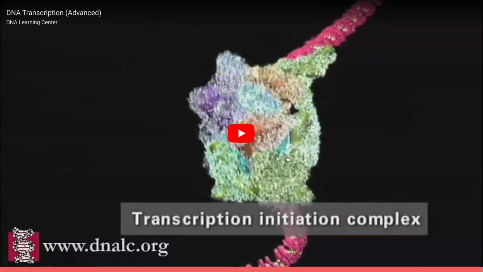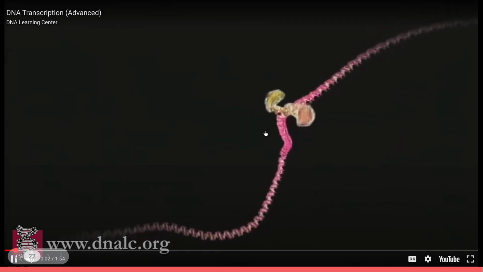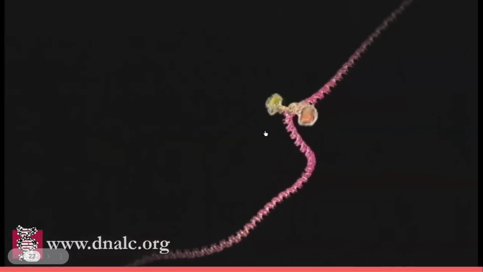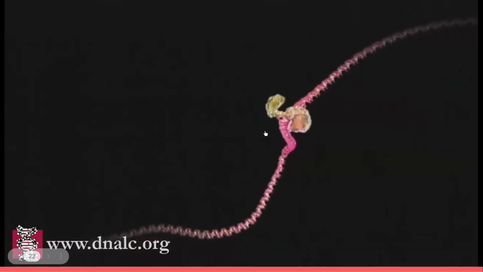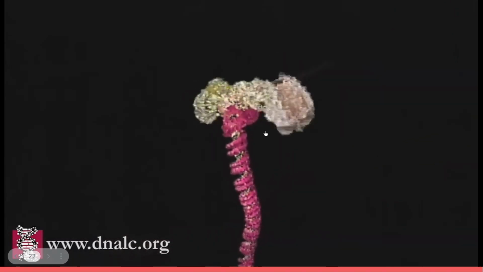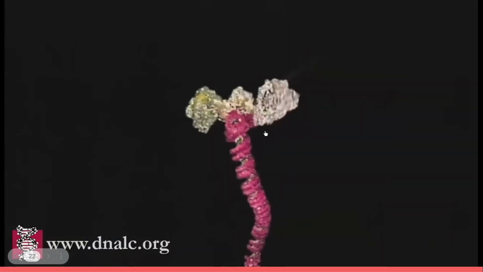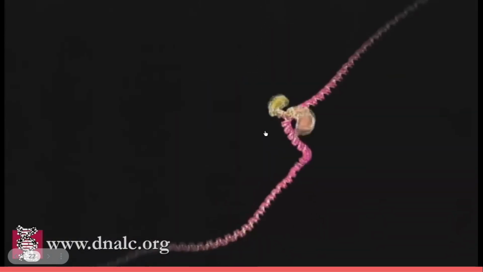Let's see if we can see a picture image of this. The central dogma of molecular biology: DNA makes RNA, makes protein. Here the process begins. Transcription factors assemble at a specific promoter region along the DNA.